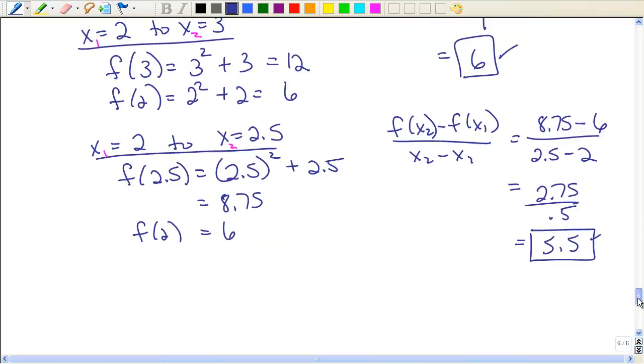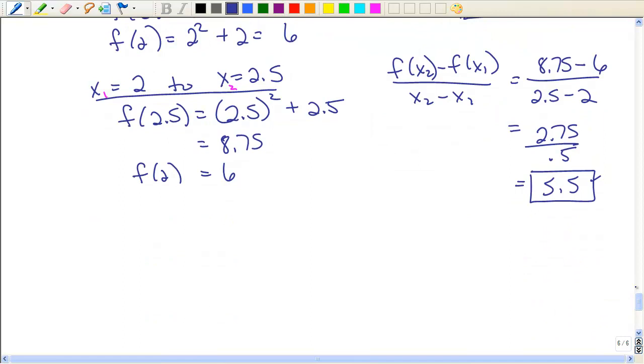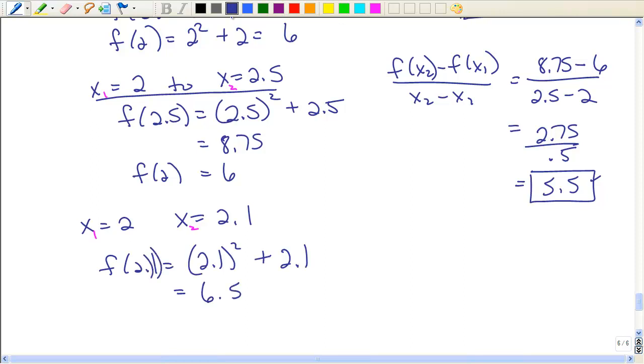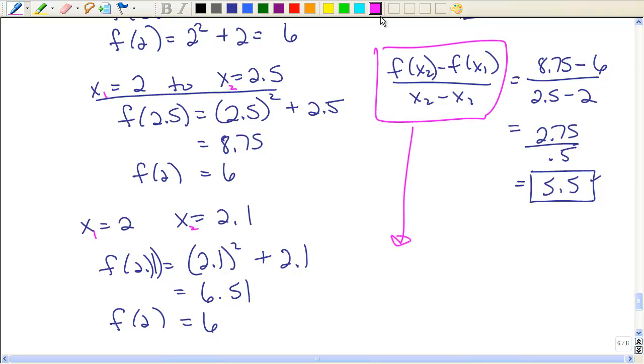That's because those two values of x are getting closer and closer. All right, so then they say, well, you know what? Let's do it even closer, as x is 2 and x is 2.1. And again, I'm going to be consistent. So f of 2.1, f of 2 is still 6. So I'm going to use this same formula right down here.